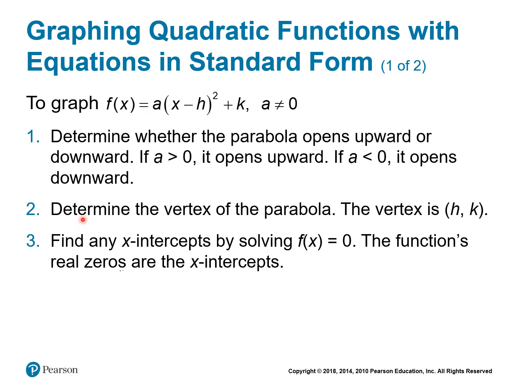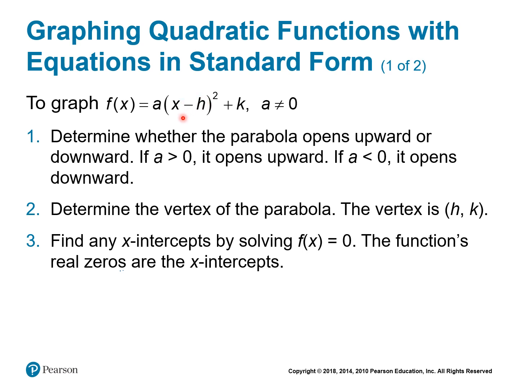Number two, determine the vertex of the parabola. The vertex is determined by h and k. These h comma k are the coordinates of the vertex, h being the x coordinate and k being the y coordinate. Again, you have to know the form. It's x minus h, and h is whatever comes after the minus.